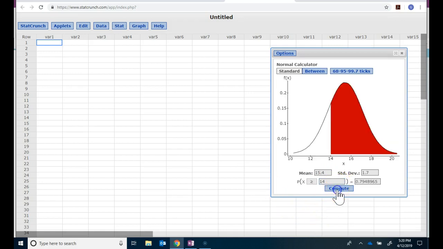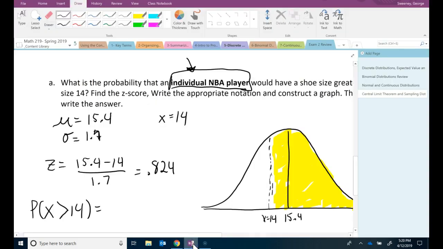I compute. And there it is, 0.795. Makes sense to me. Looks about right too, right? It's quite a bit more than 50%. It's almost 80% of the entire distribution. Okay?